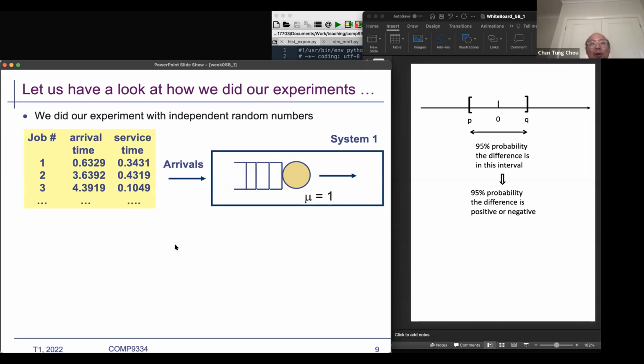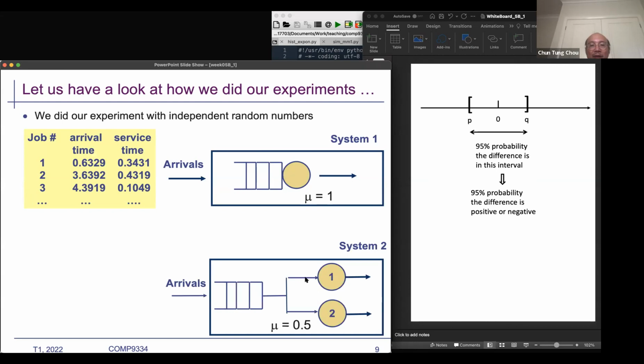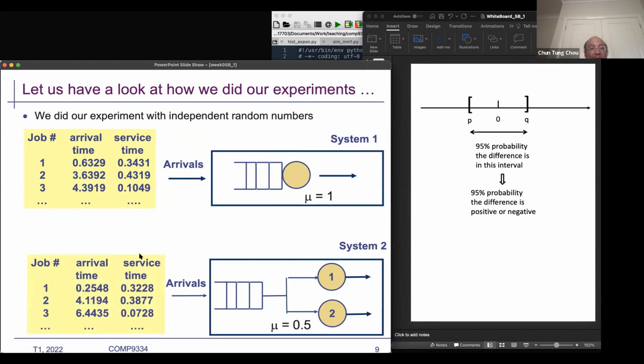Now, how about system 2? We do something similar. In system 2, there are 2 servers, with a processing rate of 0.5 each. And when we simulate system 2, we again generate the interarrival times to obtain the arrival times, and then we also produce service times.